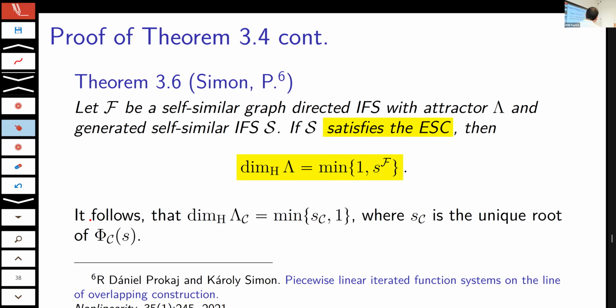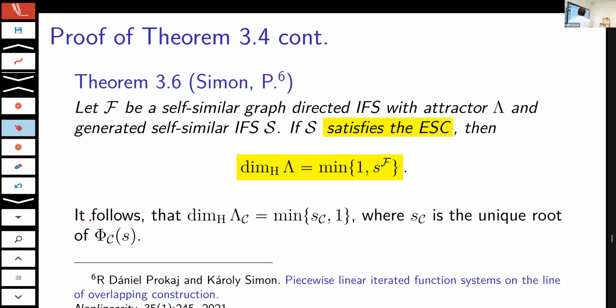Now, since this C subdiagram is finite, we can use a theorem proved by Kyle Shimon that works for graph-directed iterated function systems. If the generated self-similar IFS S of the continuous piecewise affine system satisfies the EFC, then the Hausdorff dimension of the attractor is equal to the minimum of 1 and the natural dimension of the system.